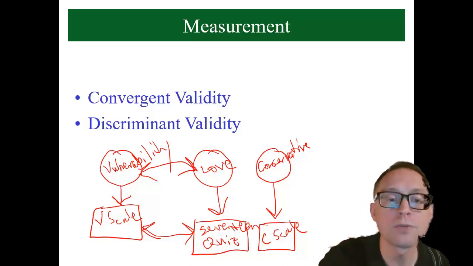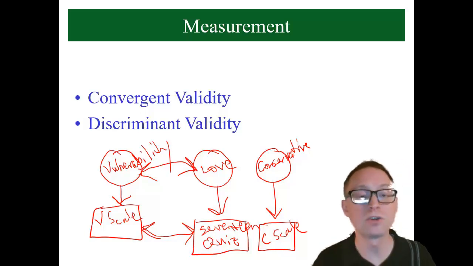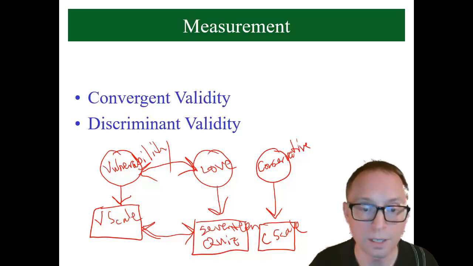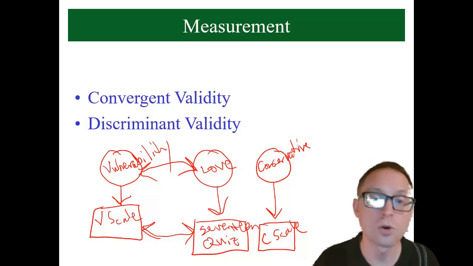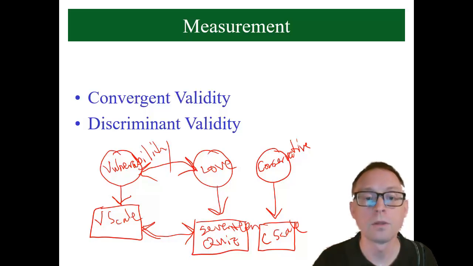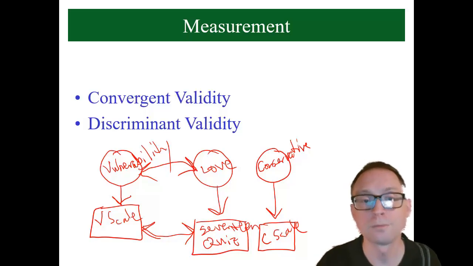So if love correlates with vulnerability, then the 17 quiz, if it's a good measurement of love, should correlate with the V scale, which is already determined to be a good measurement of vulnerability. Convergent validity is when the measurement correlates with a measurement of a concept that is correlated to the concept that the measure measures.